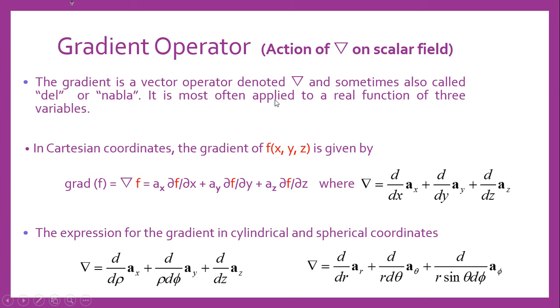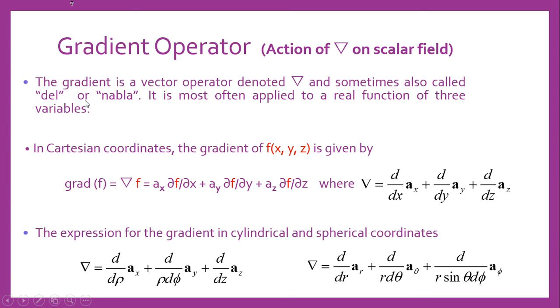It is used on a real function of three variables, maybe two variables or a single variable, so we can operate this del vector in any dimension. This del vector is known as the gradient operator. Gradient operator means this del vector has to be multiplied with a scalar field.